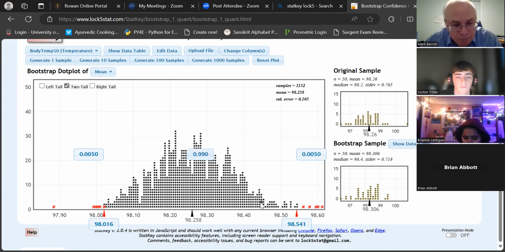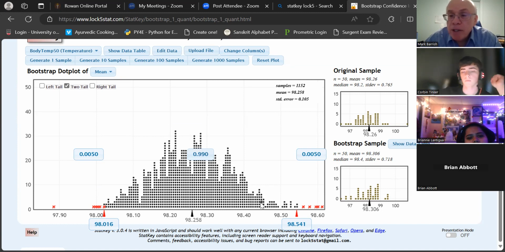Look at it. Did the interval become narrower or wider when we increased the level of confidence to 99%? Now we're 99% sure. The interval became wider. There's the trade-off. That's the trade-off.